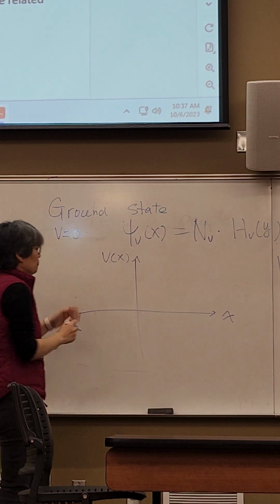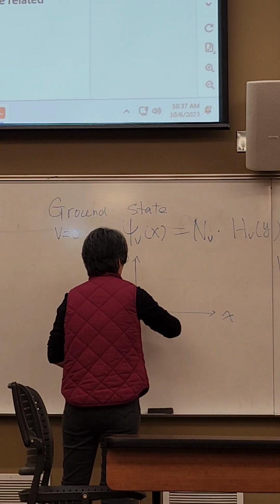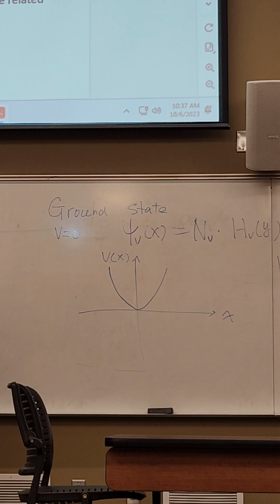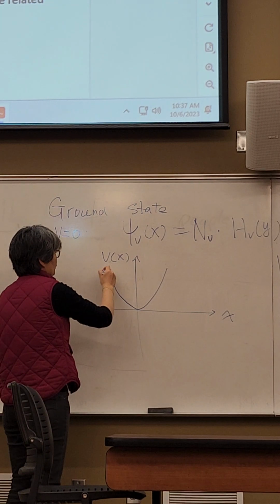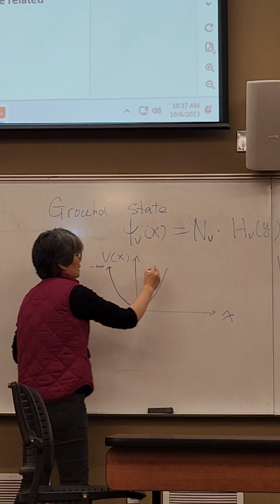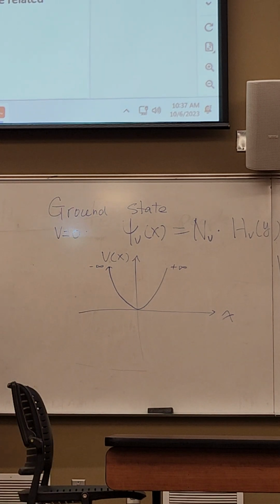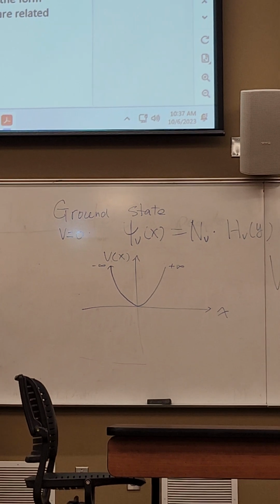And then you can plot it here. That is your potential well. And then this V approaches positive infinity as x approaches positive and negative infinity. So this is your potential well for the system.